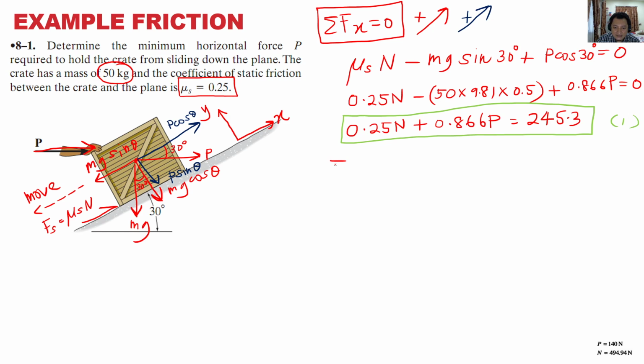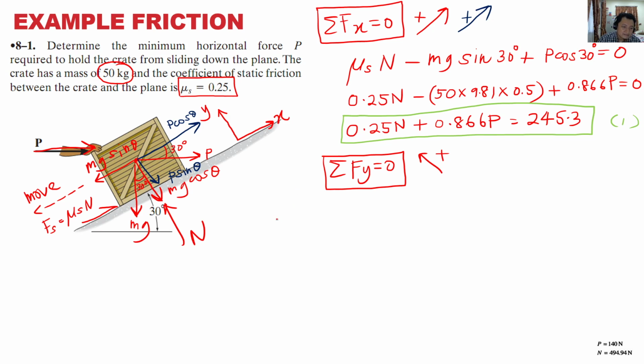We are almost done. Next will be the summation of forces in the y direction equals 0. So this way is positive. You've got to get used to this. This direction is the y-axis. In the y-axis, I'm missing a few things. I'm missing the normal force on the surface.